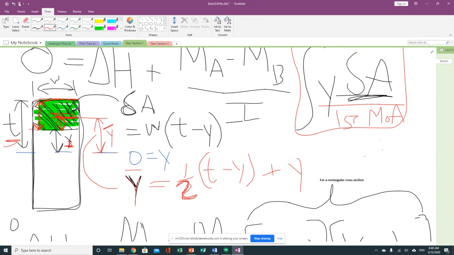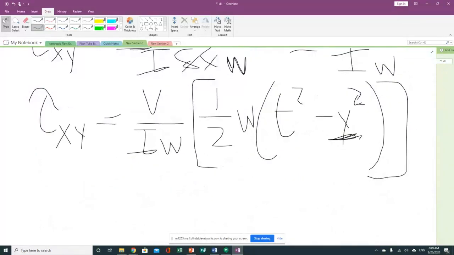T, right. And the bottom is also T away from the neutral axis. So if I substitute T in for Y, I get 0 for this whole thing. This means that at the top and bottom of the beam, shear stress is 0.